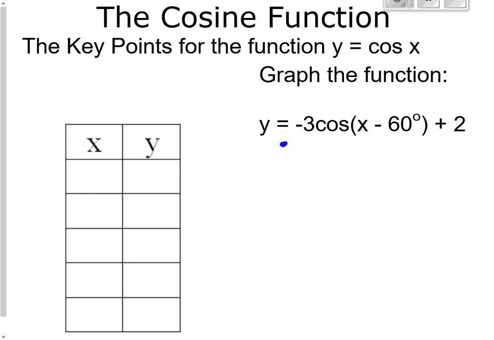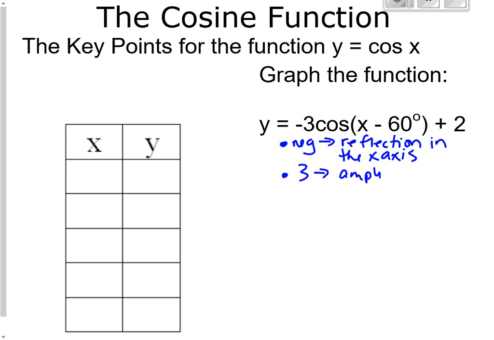For example, this negative out front means that it's a reflection in the x-axis. That 3 means I now have an amplitude of 3. The 60 degrees, so it's a -60 in the brackets, but when I take it out, it becomes a +60.